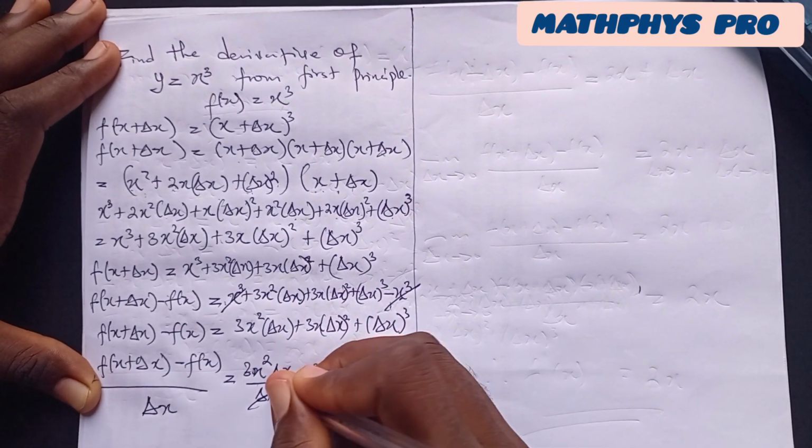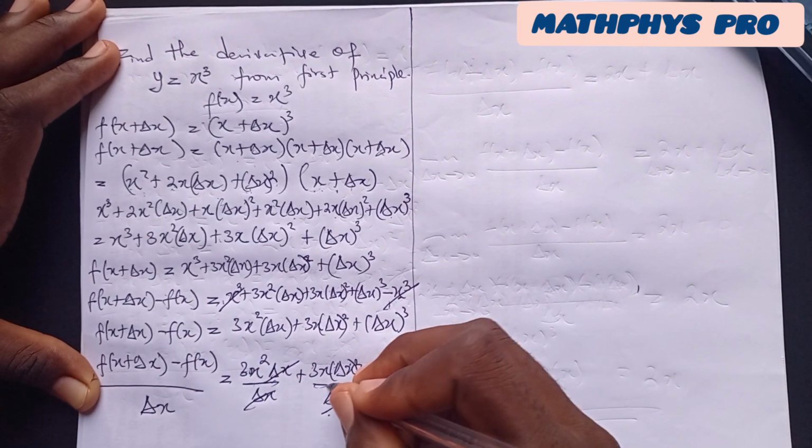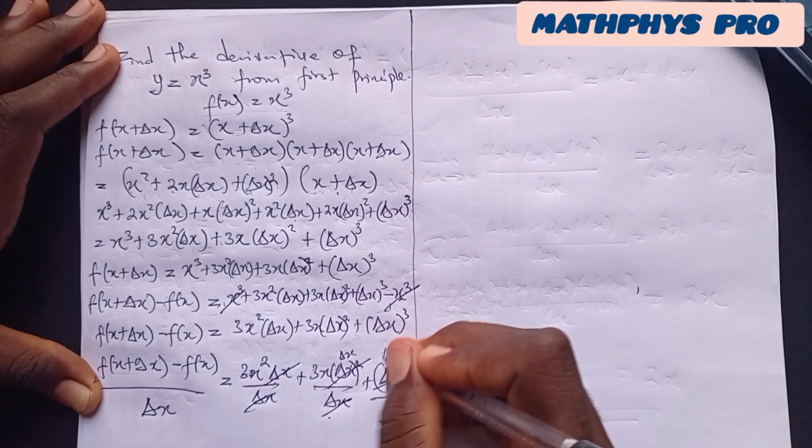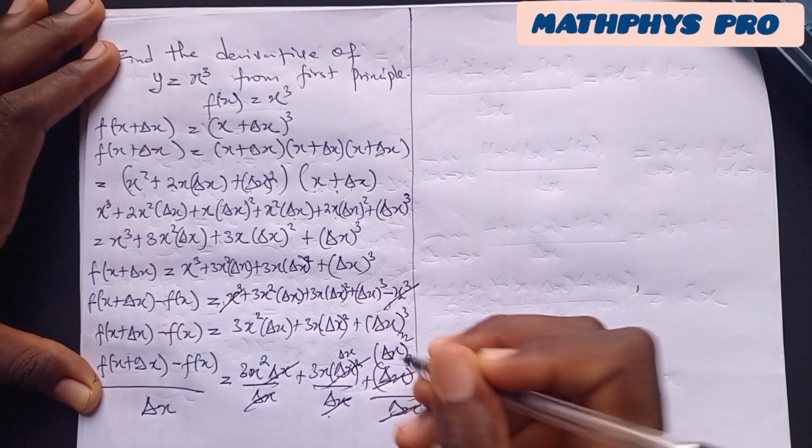So change in x can cancel change in x here. Change in x can cancel one change in x here, remaining one change in x. Change in x can cancel one, remaining change in x squared.